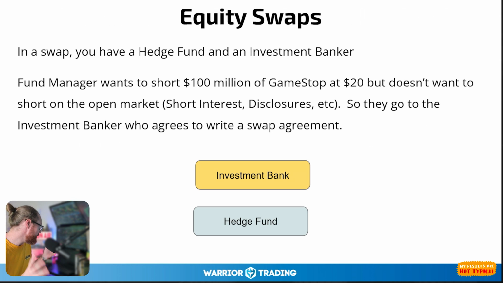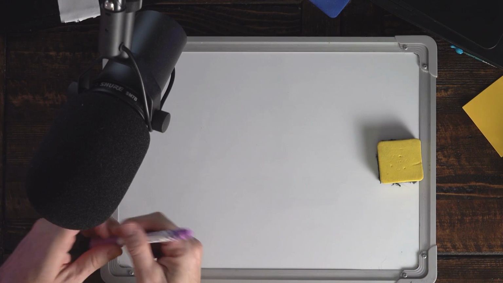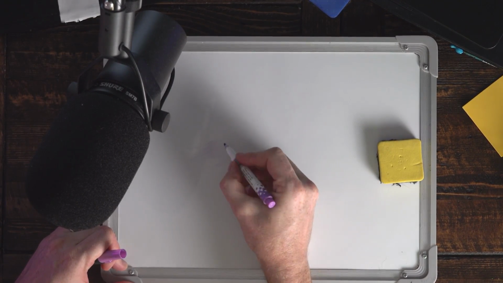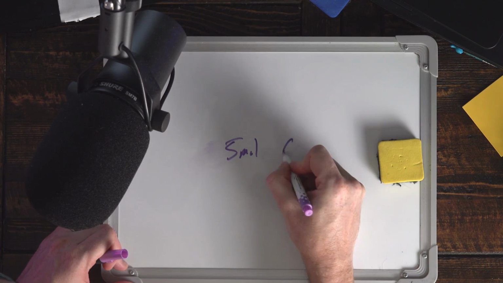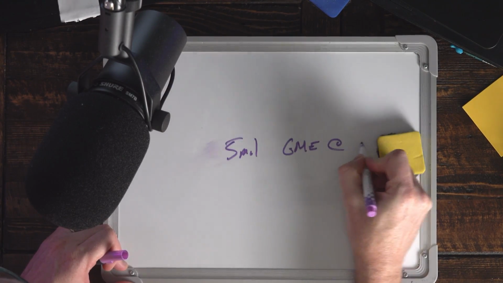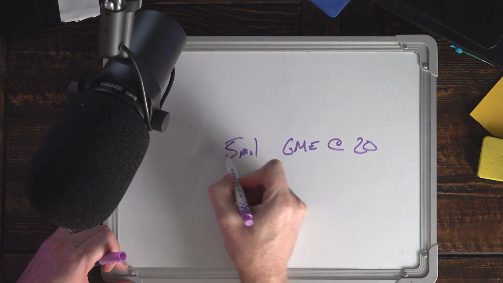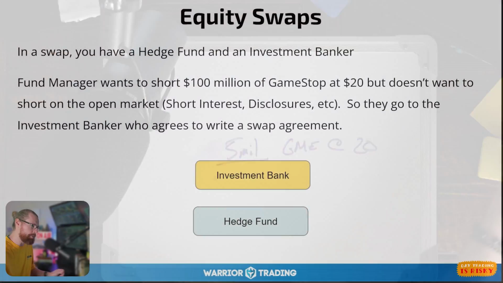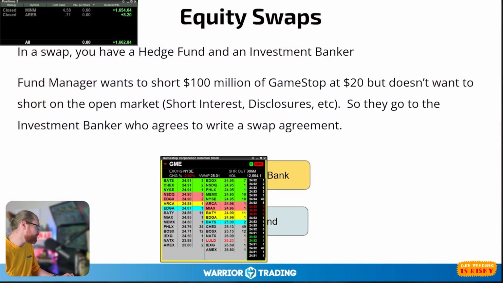So for the sake of argument, let's say that a hedge fund wants to short $100 million of GameStop at $20 a share. So they want to short 5 million shares. They know if they tried to short 5 million shares on the open market, it would drop the price. Today, for instance, GameStop has 12 million shares of volume.